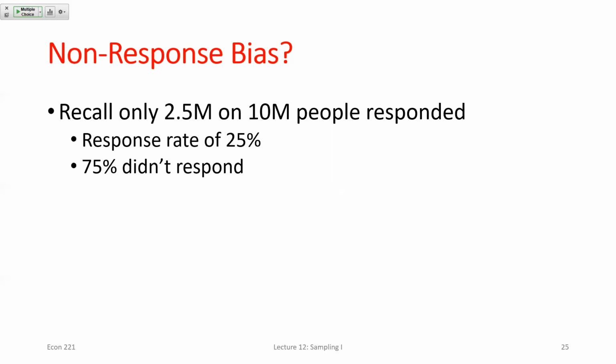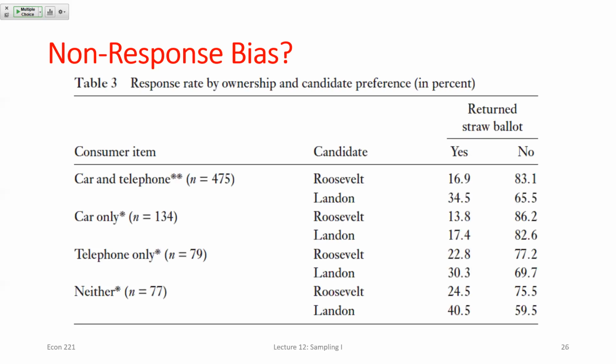Although there's a paper that they wrote about this, they go into it a little bit. I'll mention their suggestion as to what's going on. They asked these people who actually voted in 1936, and they matched up with these people the different ownership of cars and telephones.